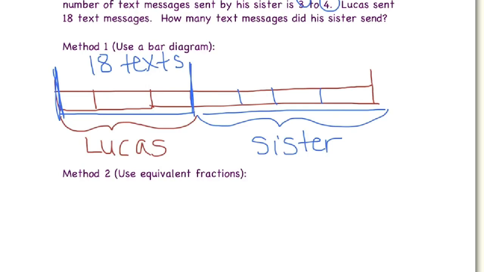So we're going to divide 3 into 18. Hopefully you all know that 3 goes into 18 6 times. So that means each of these boxes should be equal to 6.